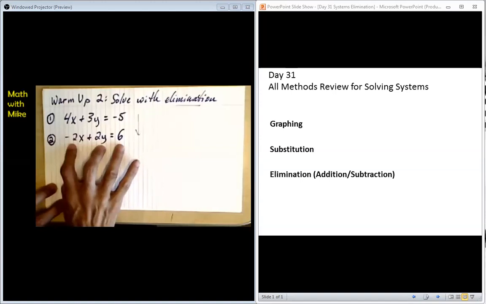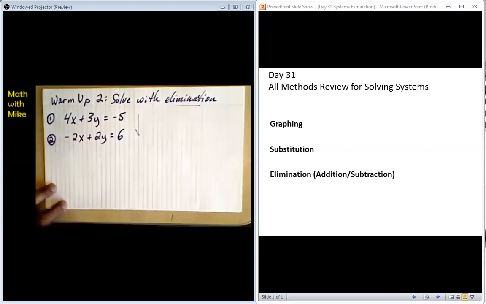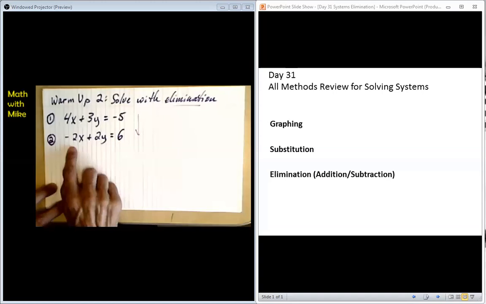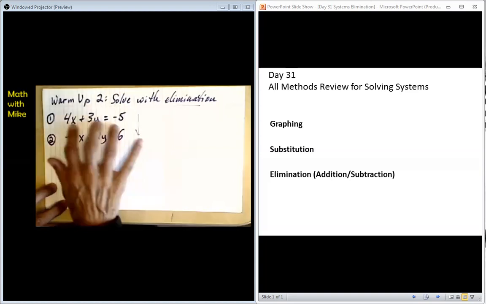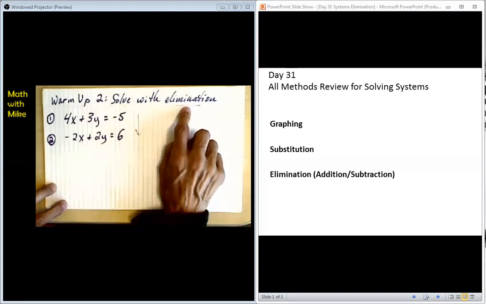Close, but these both have to be the same numbers. So that's a 4 and that's a 2. You can't divide, you've got to multiply. And we're not switching them. This order is beautiful. We want it looking like this for this elimination method.